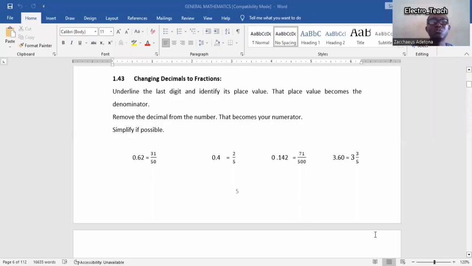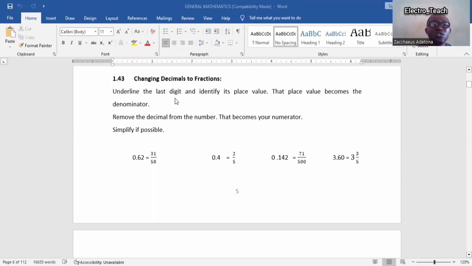Now we want to go on, and then we want to learn about the next conversion. The next conversion is changing from decimal to fraction. We want to convert the decimal to fraction. Now what you do is you must identify how many digits after the decimal place. You must note how many digits you have after the decimal place.